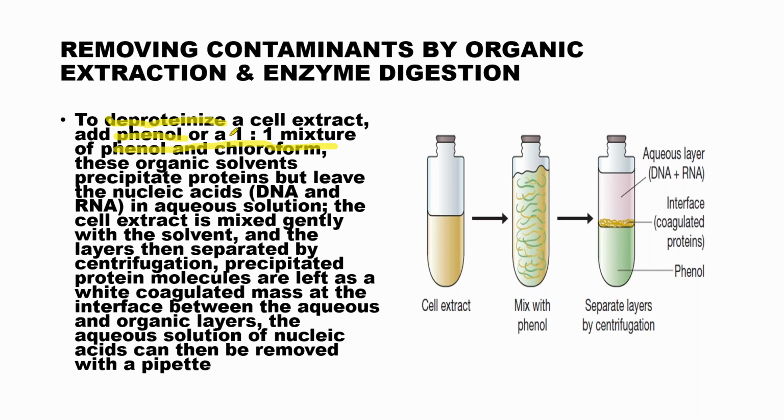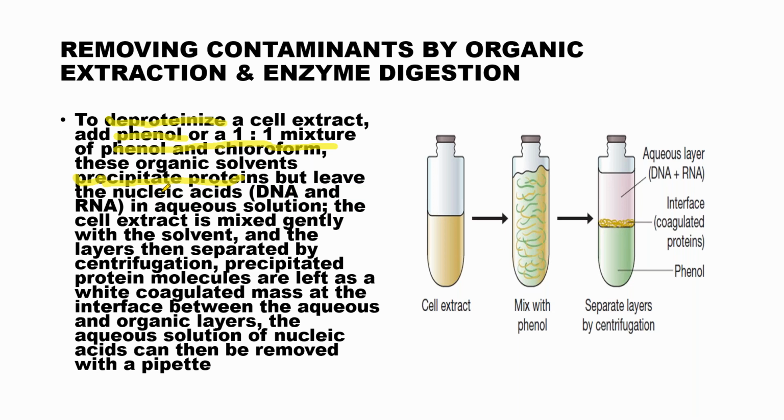Clear? Now, what will these organic solvents do? These organic solvents precipitate proteins. They will remove the proteins as a precipitate, but leave the nucleic acids, that is DNA and RNA, in the aqueous solution.